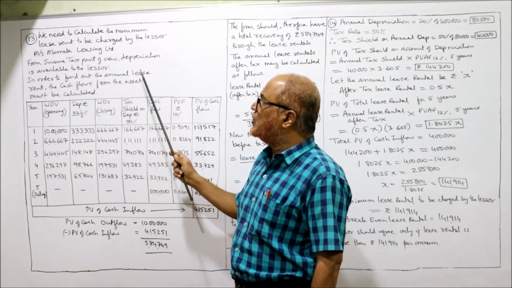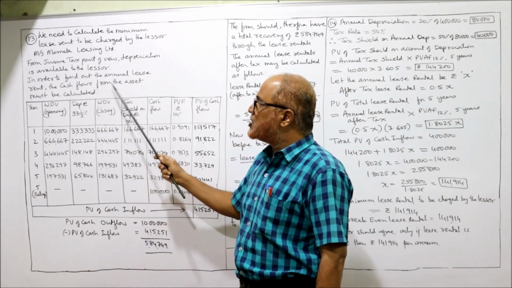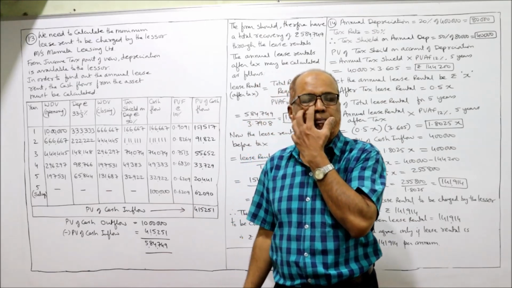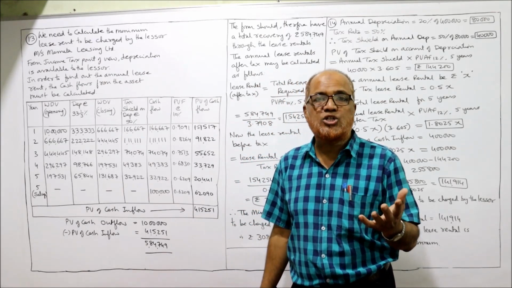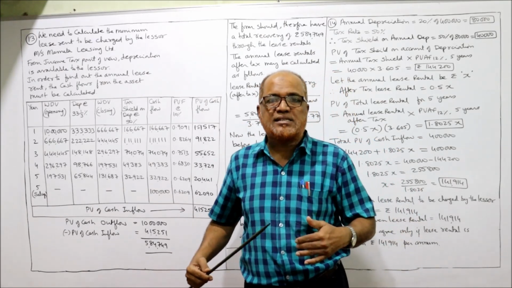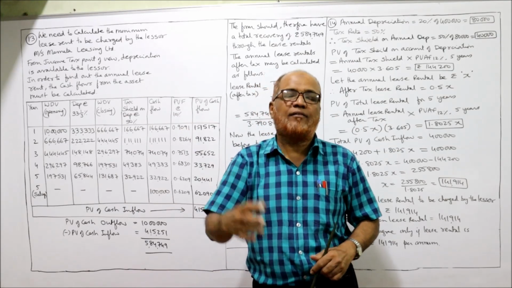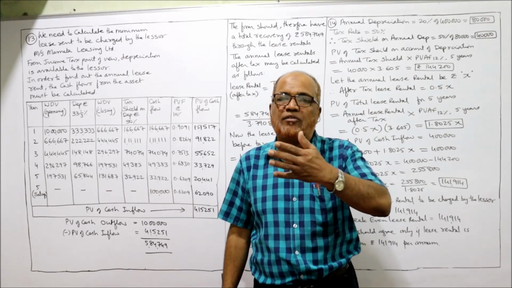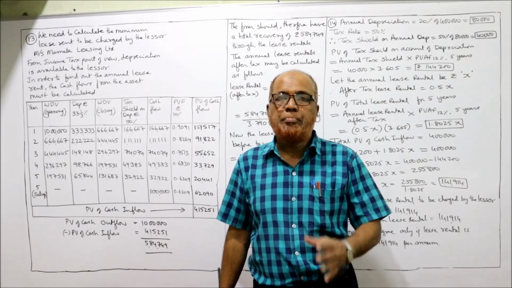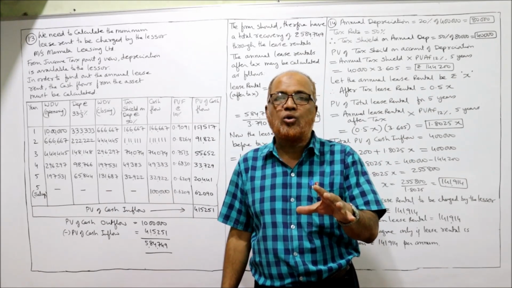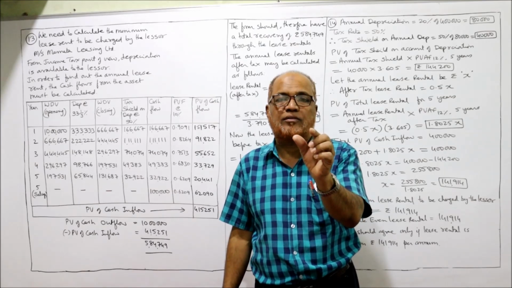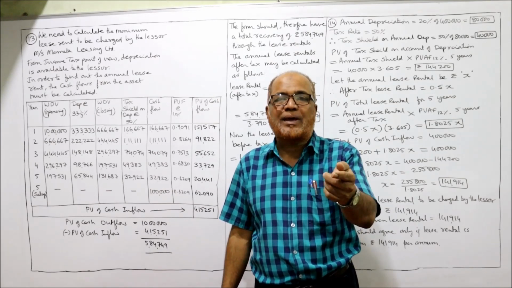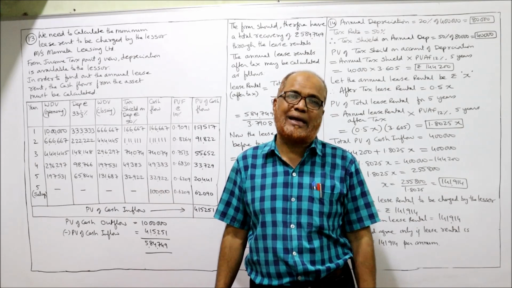In order to find out the annual lease rent, the cash flows from the asset must be calculated. That means I am the lessor, I have to pay for the cost of the machine. The cost of the asset is 10 lakh rupees. That is the PV, present value of cash outflow, 10 lakh rupees. Now I have to find out what is the cash inflow I am going to get.